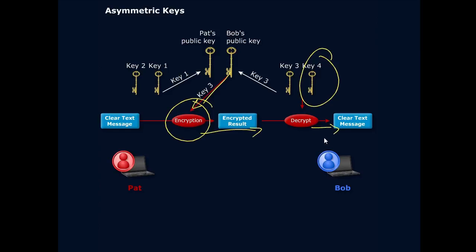Now, even if we had a rogue user down here, I'm going to attempt to draw a rogue user. A rogue user, we'll put a little mask on him. Oh, that's horrible. A little bandit mask on our rogue user here. He has Bob's public key. He's going to try and read this encrypted result.